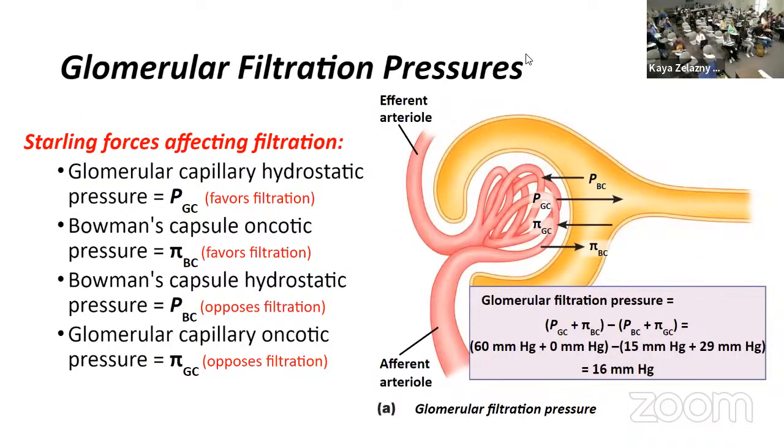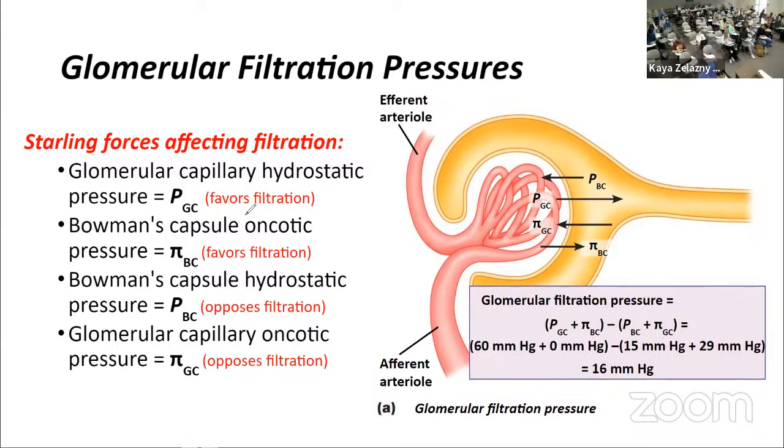Okay. So we have forces that affect how much plasma we're filtering, how much filtrate ends up in the nephron. Okay. So these forces are going to be really similar to when we were talking about our net filtration pressures, right? So ultimately, to figure out what our pressures for glomerular filtration are, we're going to be adding up forces that favor filtration, right?